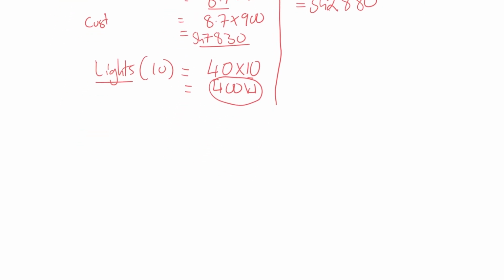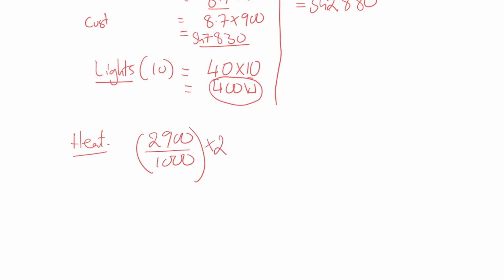Okay, so we proceed to the heater. Now this heater would light for 2 hours, and the heater was rated 2,900 watts. So we divide this by 1000 to convert to kilowatts, then times the time, 2 hours.